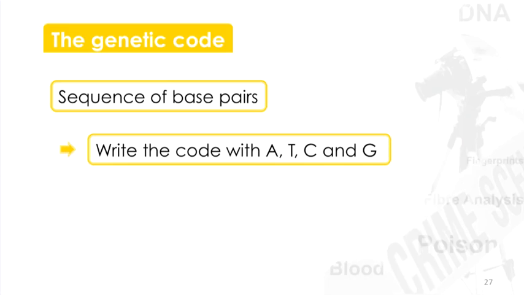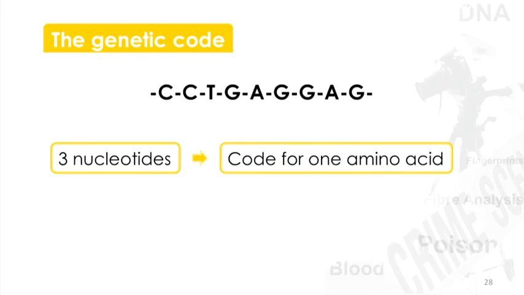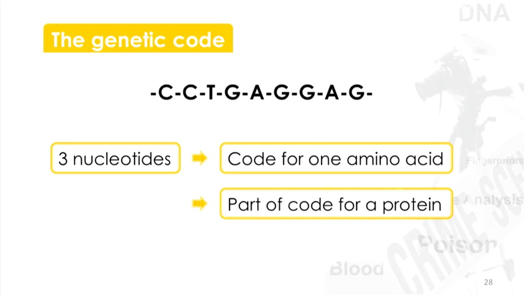Okay, so here, for instance, is a strand of DNA with the sequence CCTGAGGAG. Now, 3 nucleotides together codes for an amino acid. So this is part of the code to make a protein molecule.